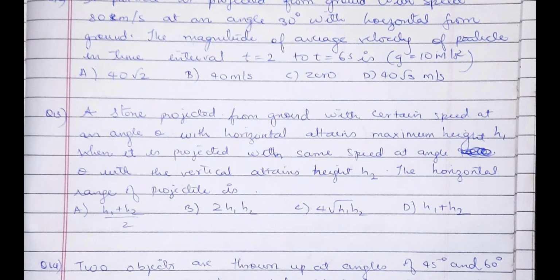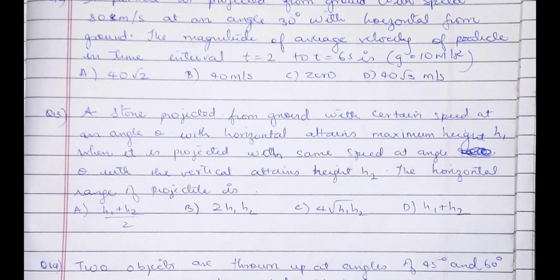After that, the maximum height which it reaches is h1. Now the same stone is projected for the second time with the same speed as the first, but now the angle theta is with reference to the vertical line, and you get height h2.